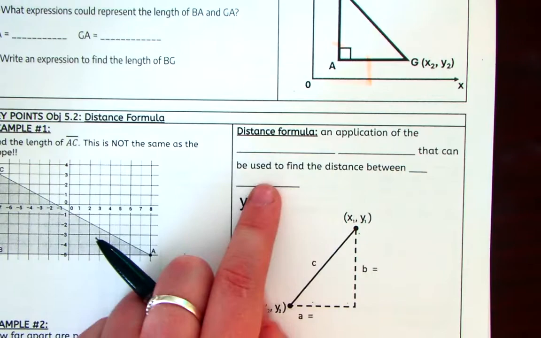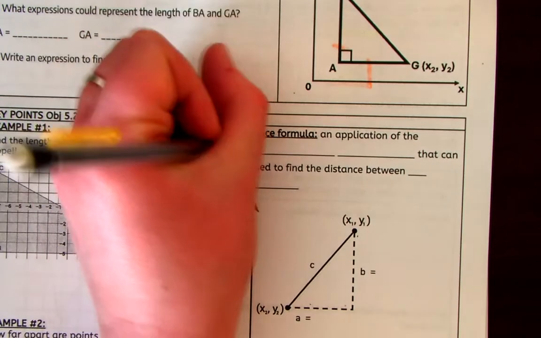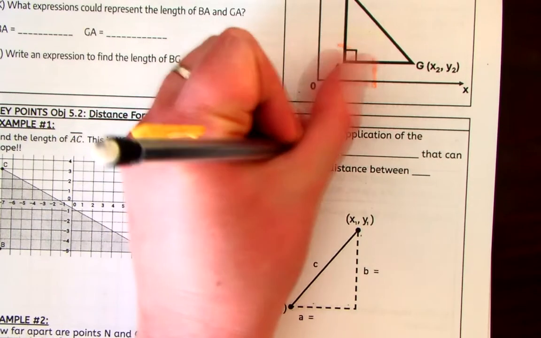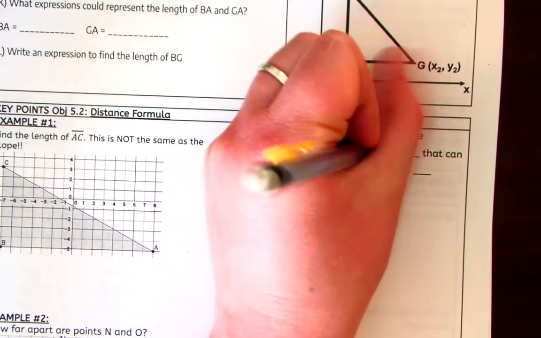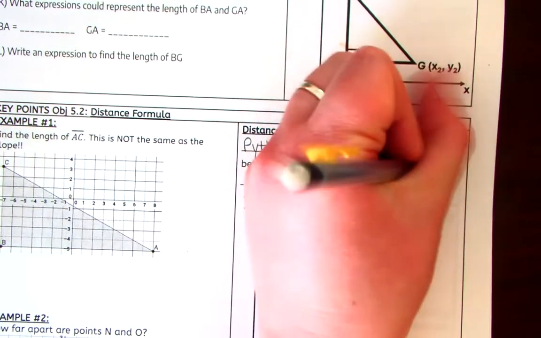Okay, we're going to skip over that and just come straight to our key points box, where we're going to talk about something called the distance formula. The distance formula is an application of the Pythagorean theorem that can be used to find the distance between 2 points.